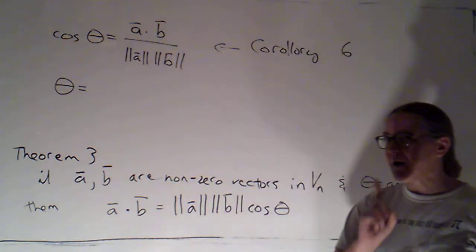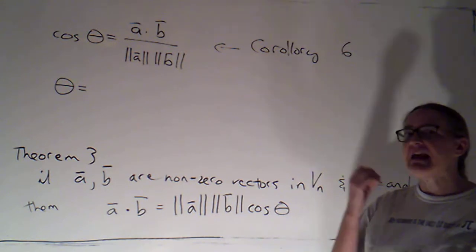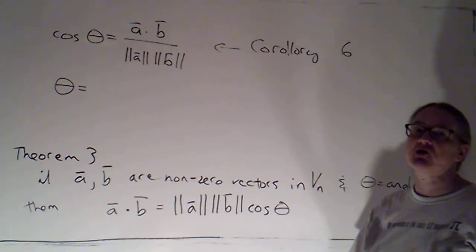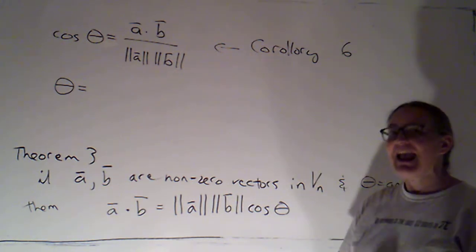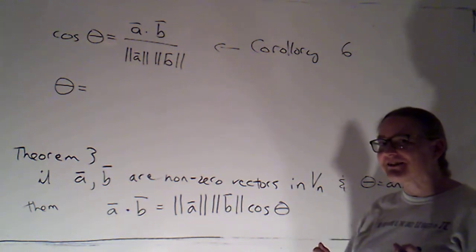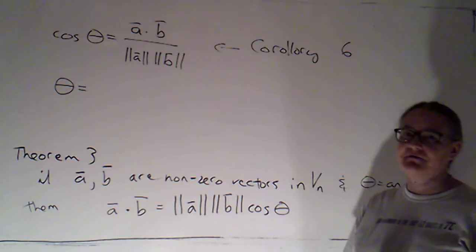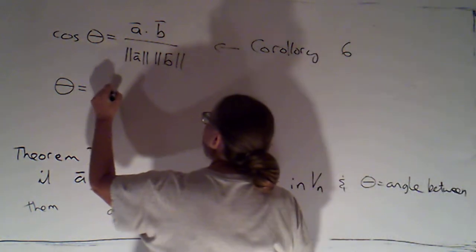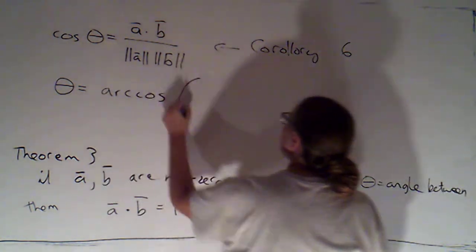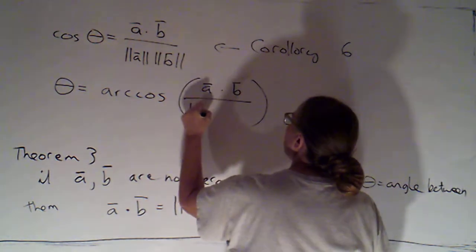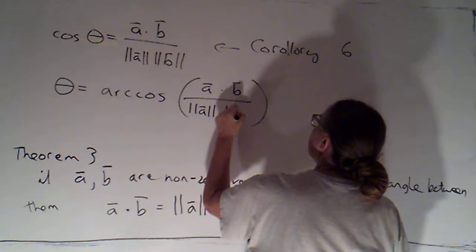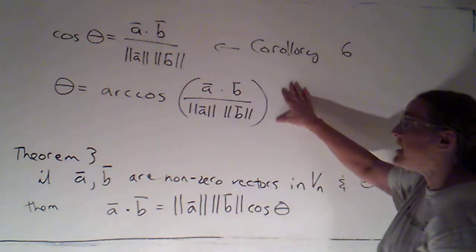However, by definition, the angle between two vectors is between 0 and pi. And that happens to be exactly the range of inverse cosine. So theta is arc cosine of A dotted with B over the magnitude of A times the magnitude of B.